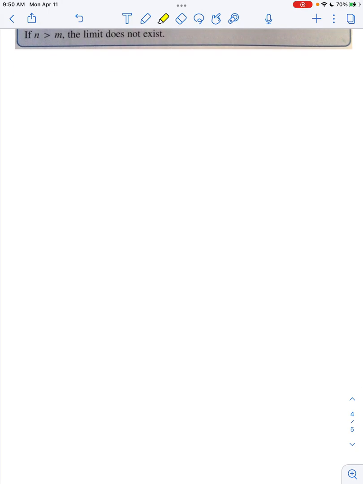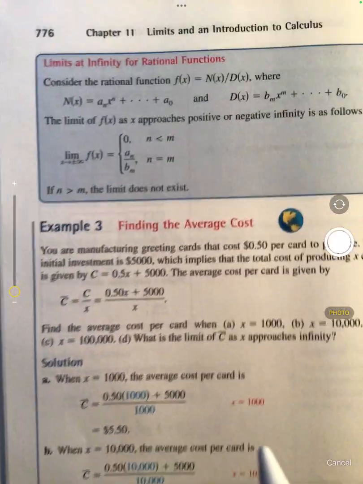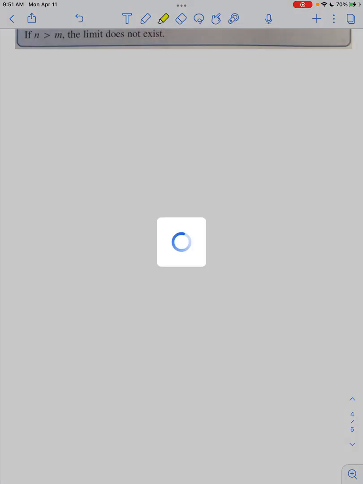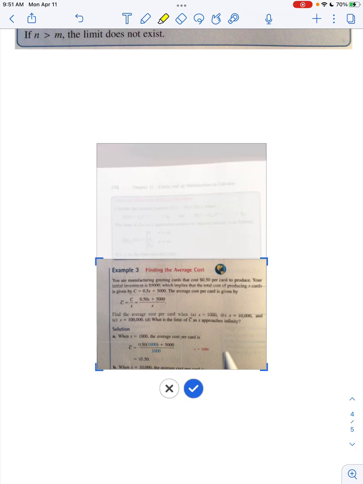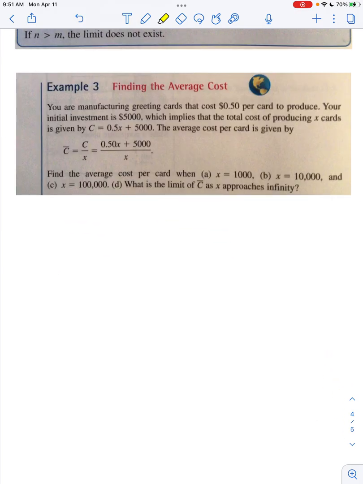Lastly, for this first part, I know it's getting a little long, we're going to find the average cost. I'm just going to take a picture of it so it'll be easier to get in here. So find the average cost. All right, greeting cards that cost 50 cents.